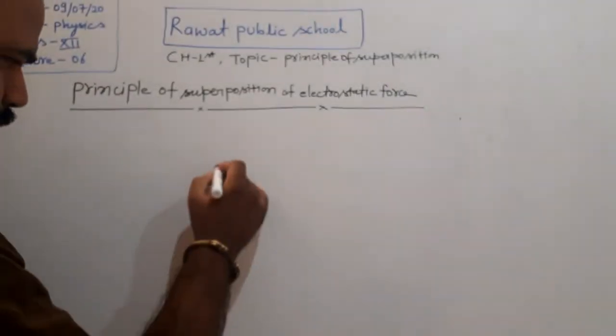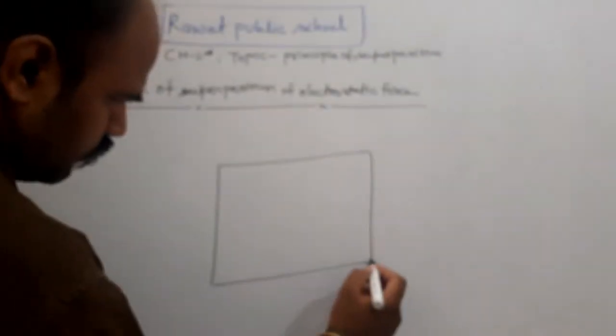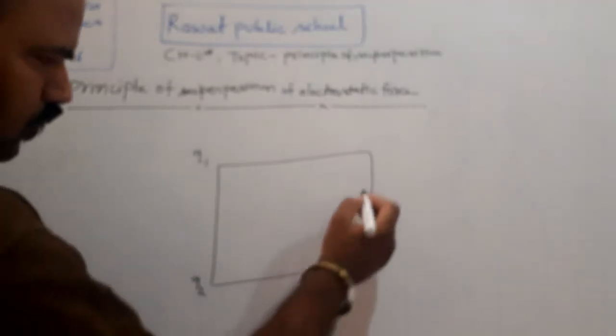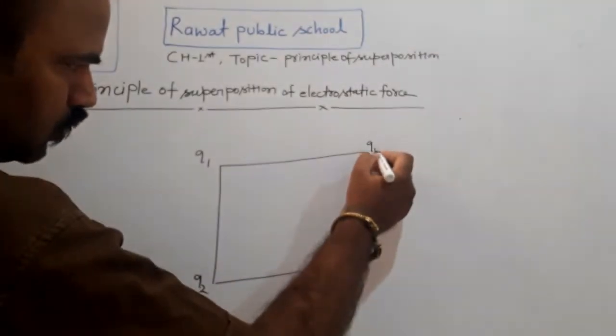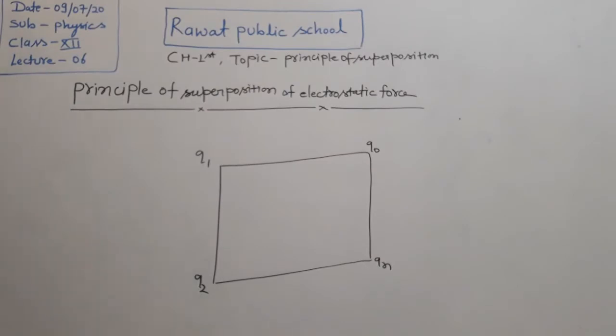Suppose this is a system. Here charges Q1, Q2, Q0, Qn. This is a system in which a number of charges are interacting.